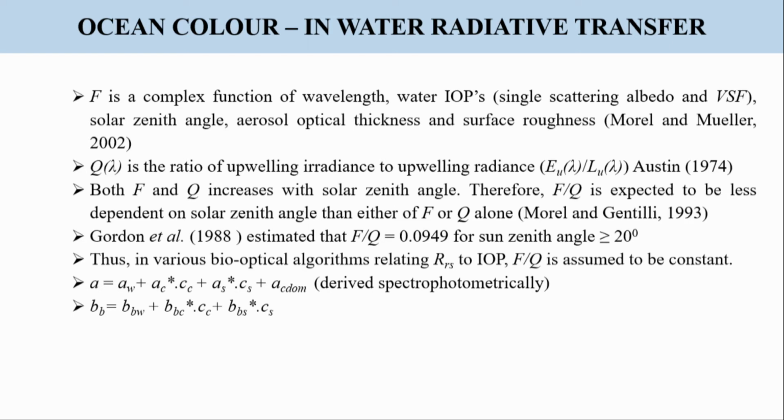Now, finally, what is required? When you develop a model, we need an optical closure, wherein you have to see that the simulated or estimated RRS and the measured RRS have a good correlation.